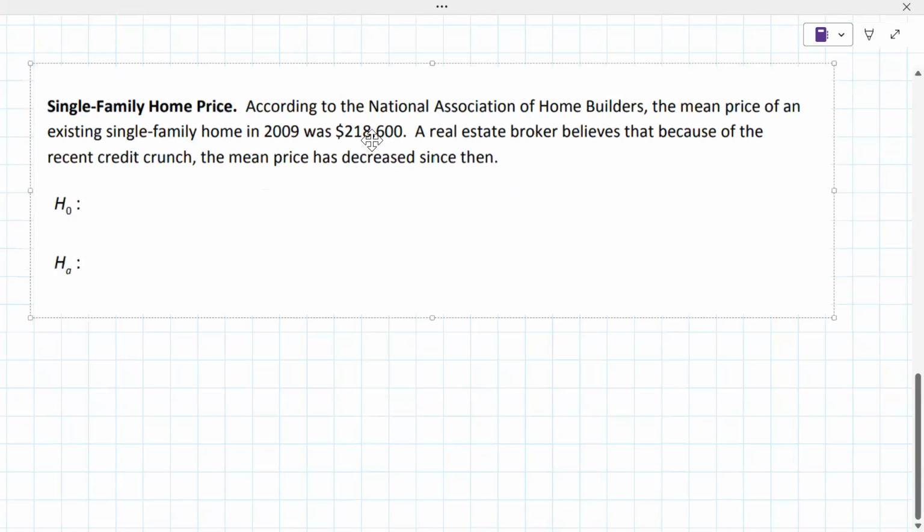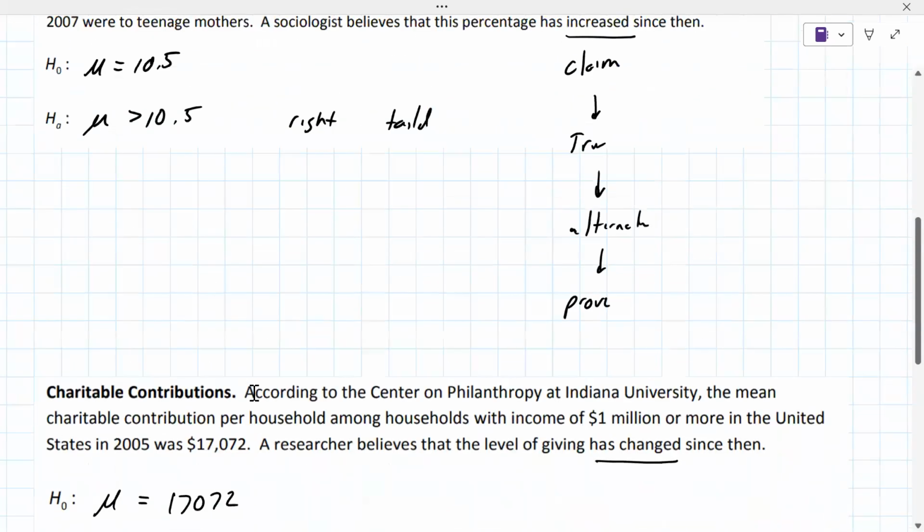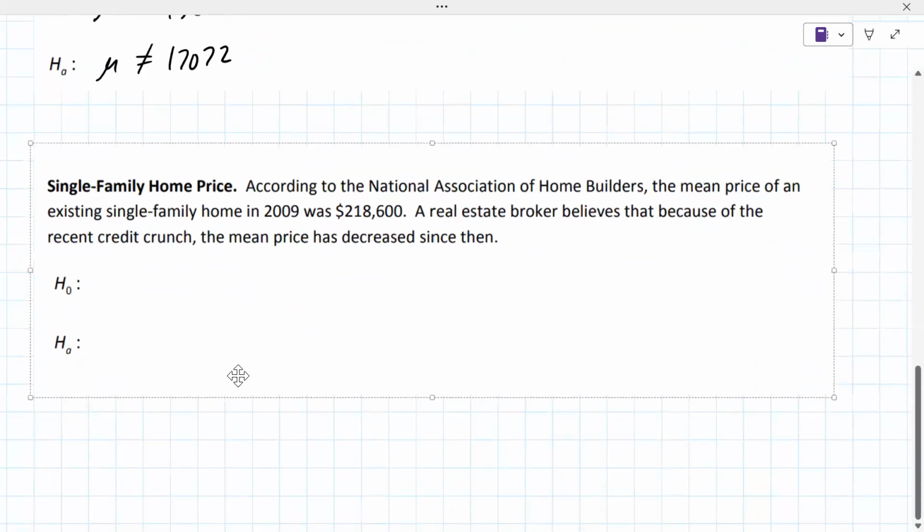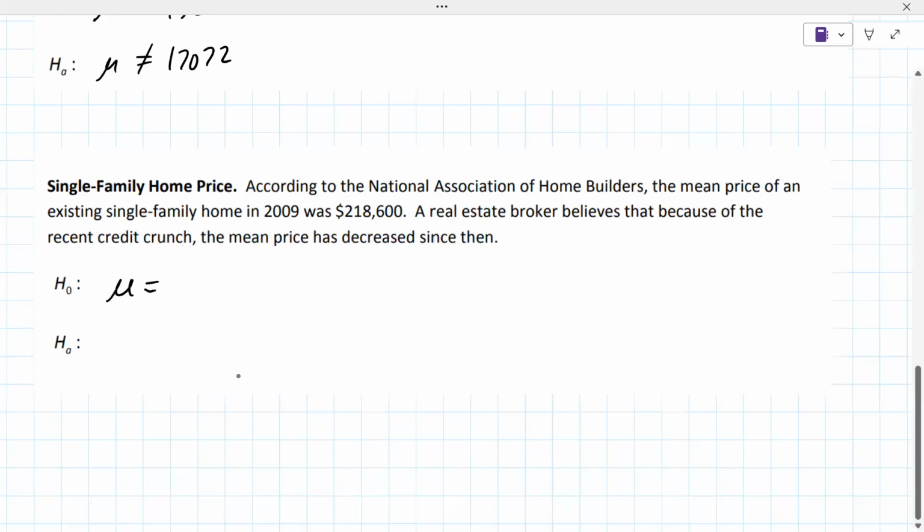200,000. Yeah, you can say the digits, but give me what goes first here. Tell me what to write basically. So mu equals 218,600.